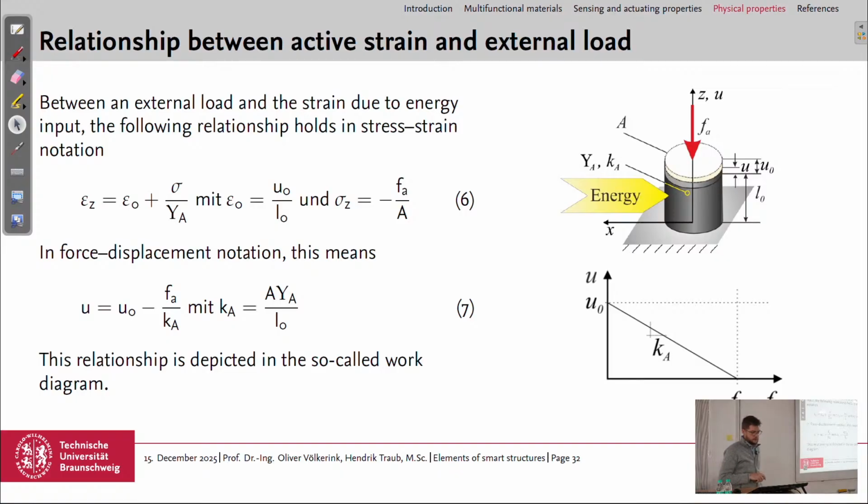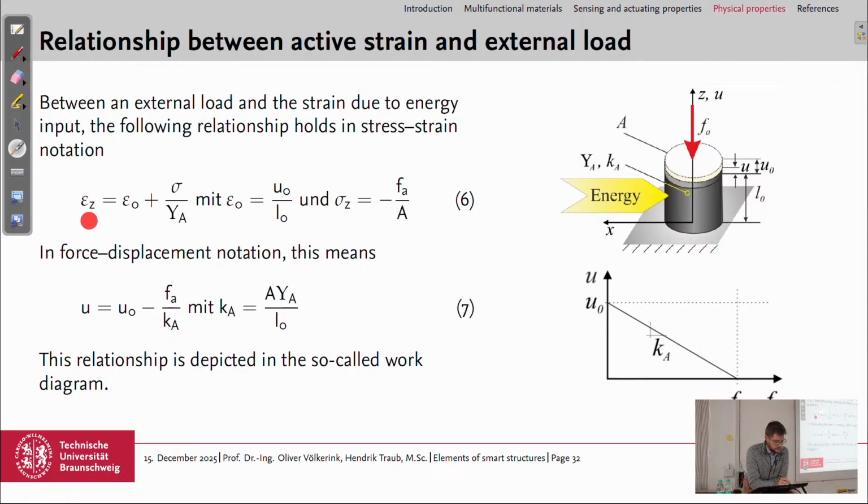So now we can build up a relationship between active strain and an external load. If we have an external load as well as a strain due to energy input, then we could come up with this functional relationship.